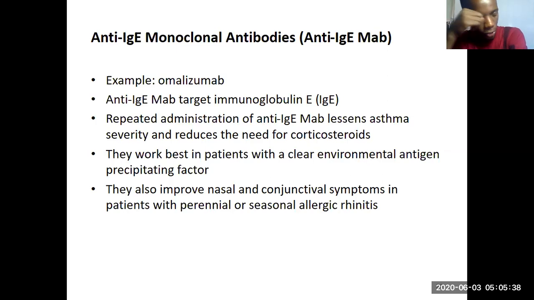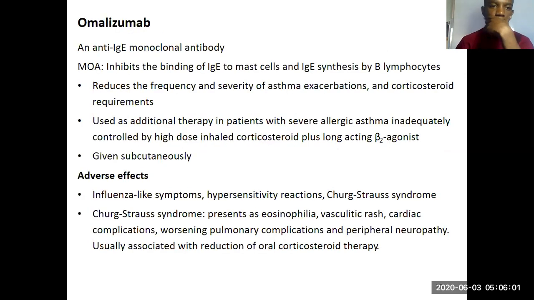This is when this drug works very well. They also improve nasal and conjunctival symptoms in patients with perennial or seasonal allergic rhinitis. So this drug also targets those conditions that might trigger an asthma attack, for example, the rhinitis mentioned there.